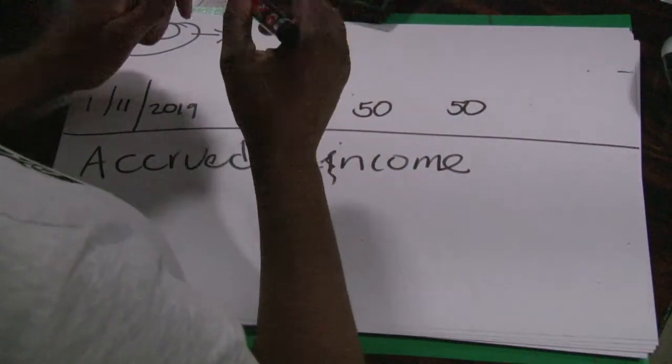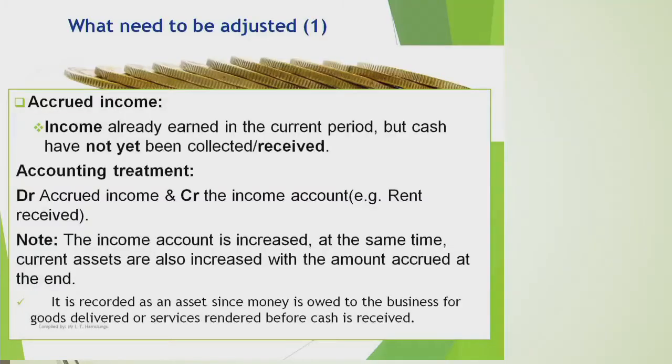these are payments that we are still expecting from our debtors. Let's say, for example, we sell goods to our customers, then they are supposed to pay us at the end of October, but they didn't. So they are owing us.